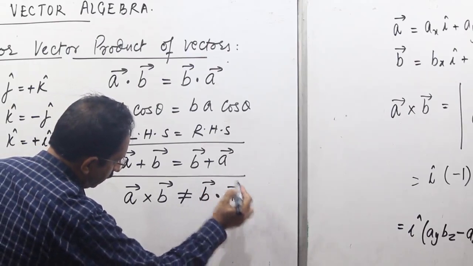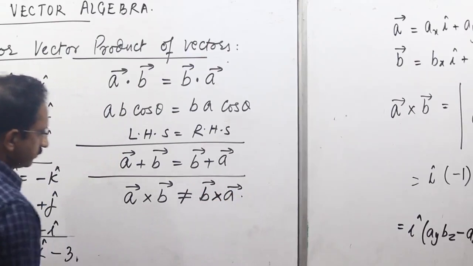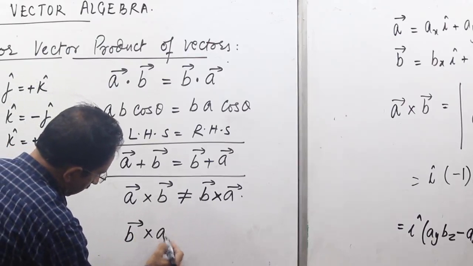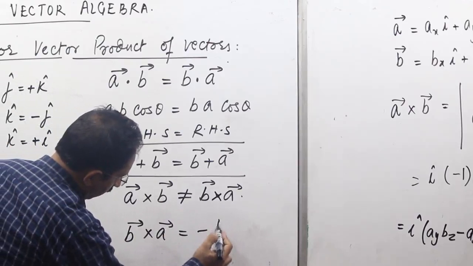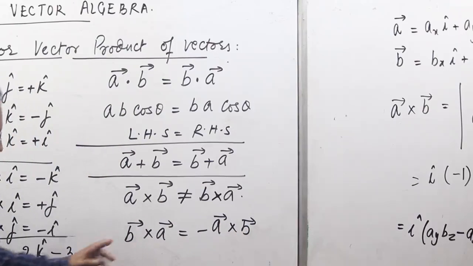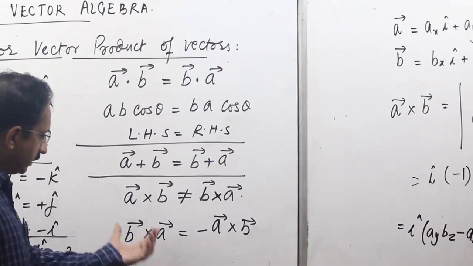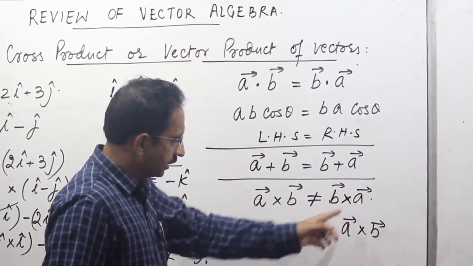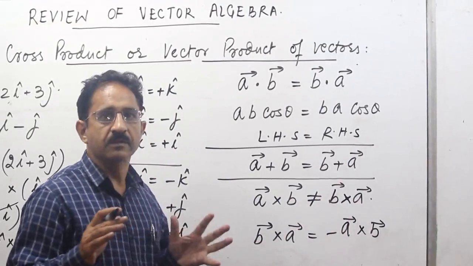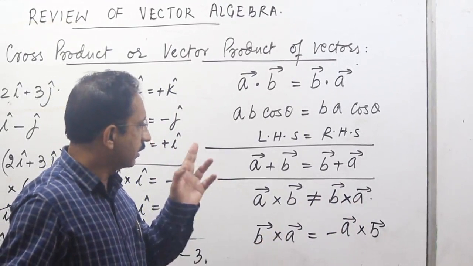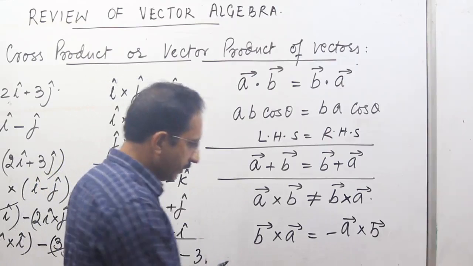Because when I say B cross A, it becomes equal to negative of A cross B. So as you change the order of the vectors, the negative sign appears in this operation, which means that A cross B is opposite of B cross A. In other words, there may be two vectors same in magnitude but opposite in direction. So remember that cross product is not commutative.